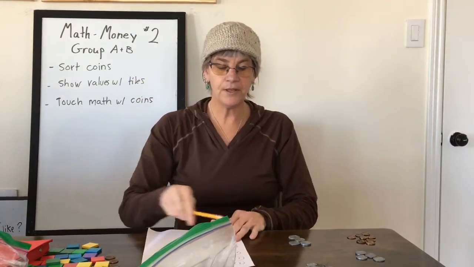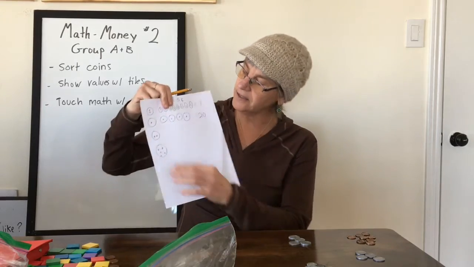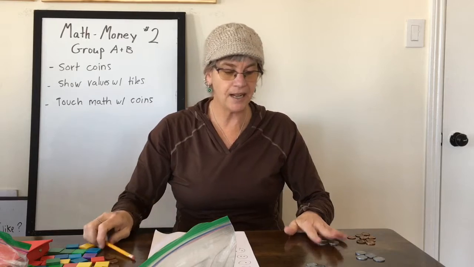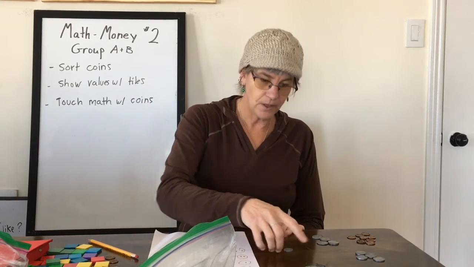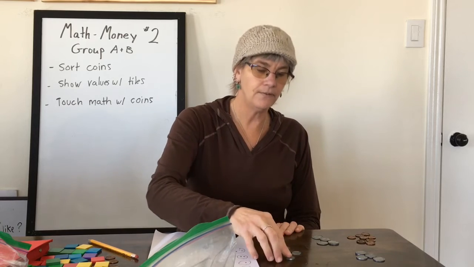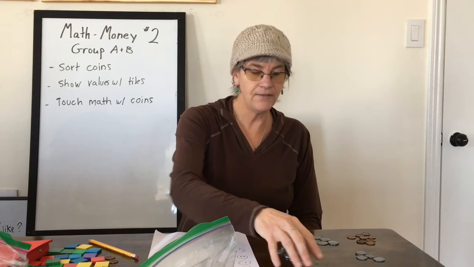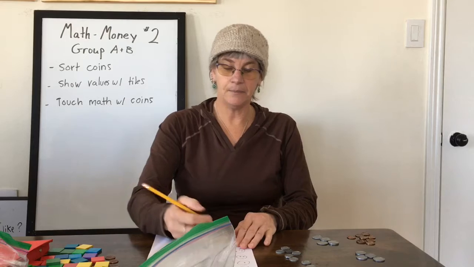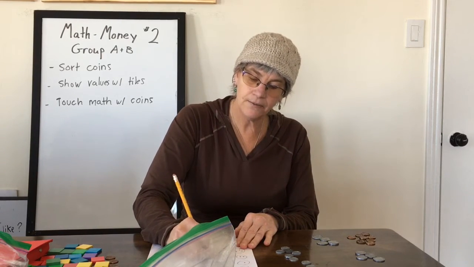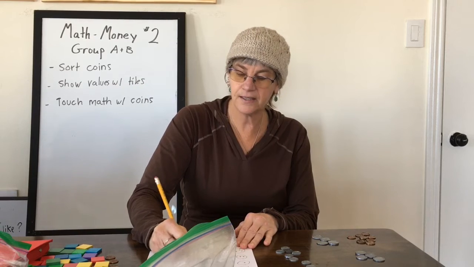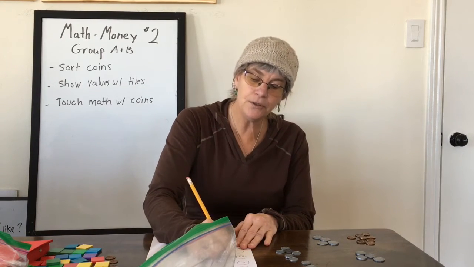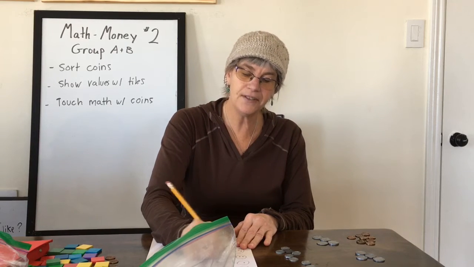Dimes are worth 10 cents. 5, 10. So let's count our dimes now. 1, 2, 3, 4, 5, 6, 7, 8 dimes. And remember, your dimes have 2 dots each because they're worth 5, 10 cents.